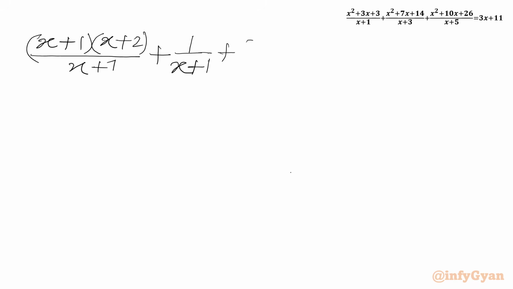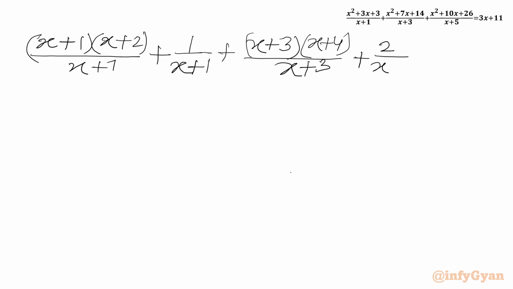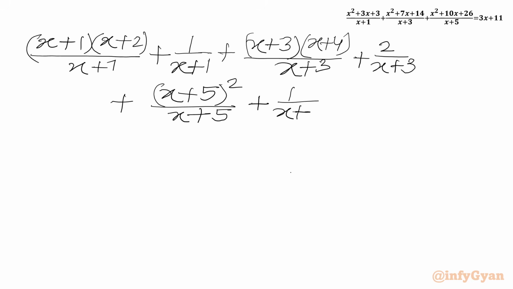Next term we can write x plus 3 times x plus 4 over x plus 3, then we will write 2 over x plus 3. This is our second term. Now we will write the third term, which is x plus 5 whole square over x plus 5, then plus 1 over x plus 5. This must be equal to our RHS, which is 3x plus 11.